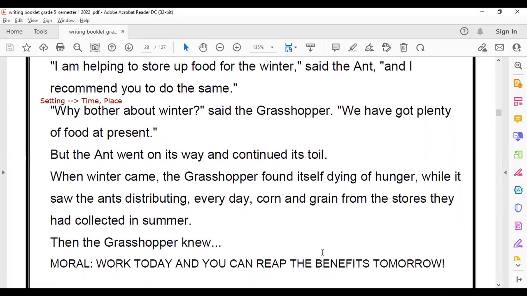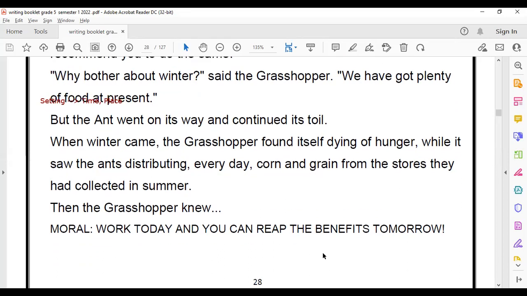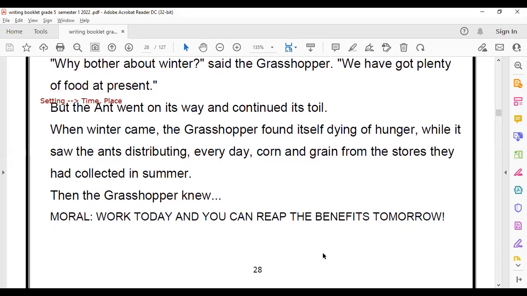When winter came, the grasshopper found itself dying of hunger, while it saw the ants distributing every day corn and grain from the stores they had collected in summer. Then the grasshopper knew, work today and you can reap the benefits of tomorrow.